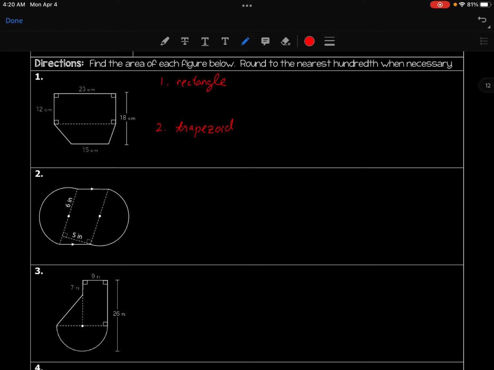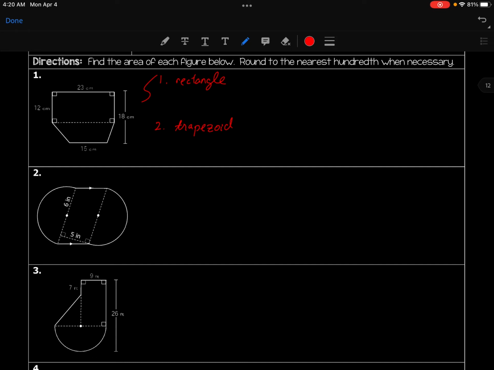Now let's find the area of this composite figure. Step number 1, write down the shapes that we are given. Step number 2, write down the area equation for each one. For instance, the area equation for a rectangle is area is equal to base times height.